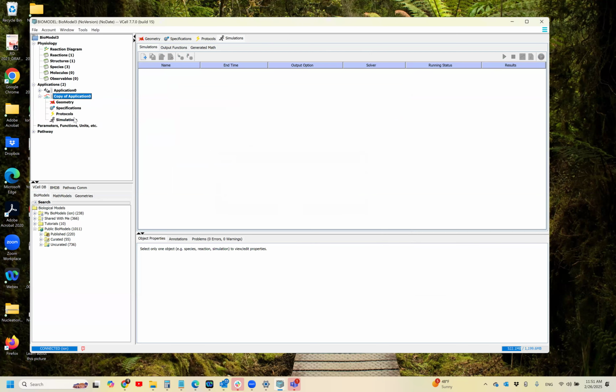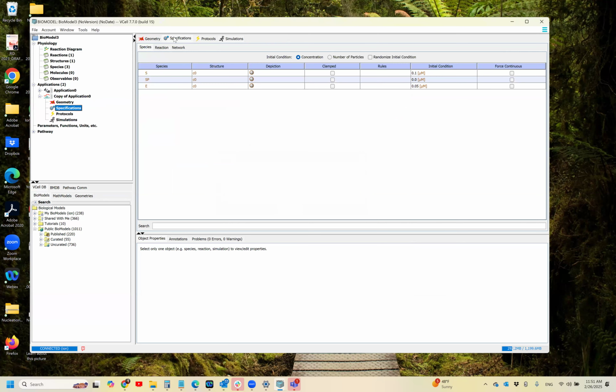And when you copy the deterministic application into a stochastic application, under the specification, you will see that the initial condition of the species can be displayed in two different ways: the standard way of providing a concentration, or as a number of particles. So you can see that in the default volume with these concentrations that I've used, the number of protein molecules of substrate and the number of enzyme molecules is fairly large.